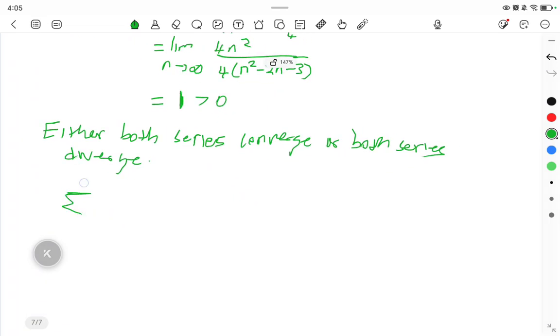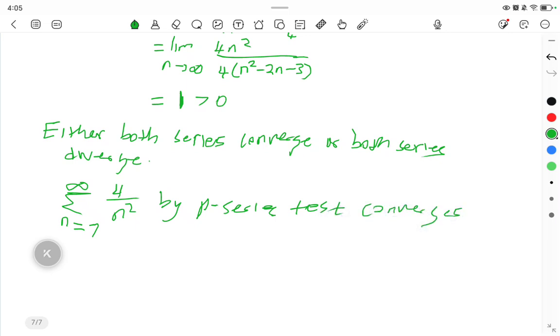Then I check the summation of bn, starting from 7. That bn is 1 over n squared. And by the p-series test, we know this converges, since p equals 2, which is greater than 1. You see, right?